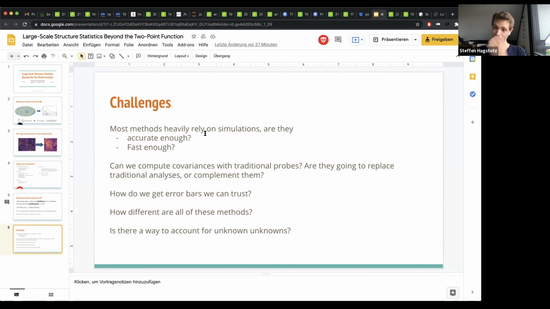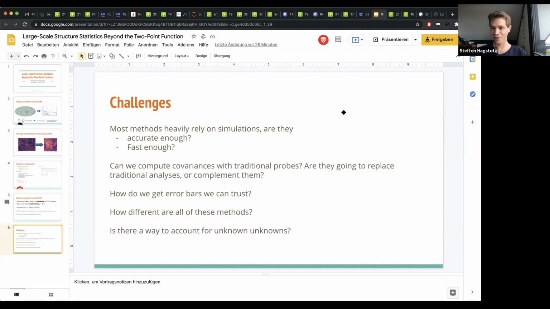Okay. Yeah, the other thing is that it's somehow connected to this issue of computability. So for many of those, we can't really compute them, or we have to measure them in simulations. That means that the covariance is also a nightmare, because then you also have to measure the covariance in simulations, because usually you don't want to replace the 2-point analysis with your fancy new method.